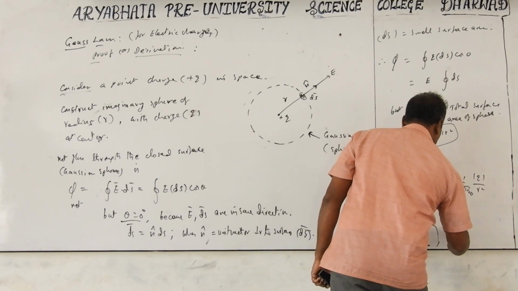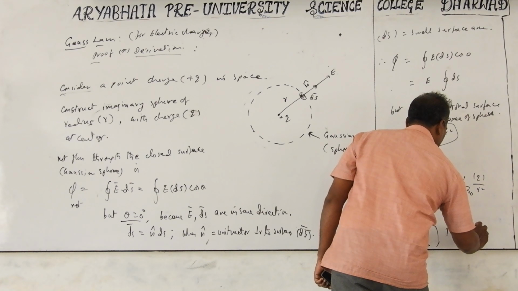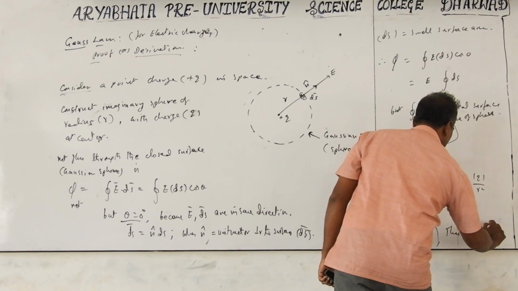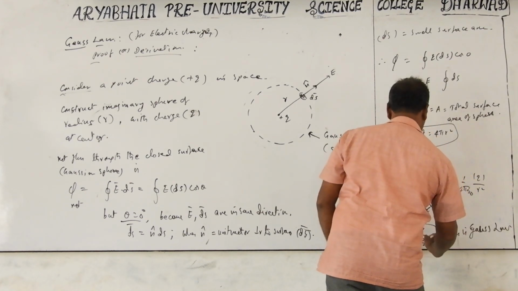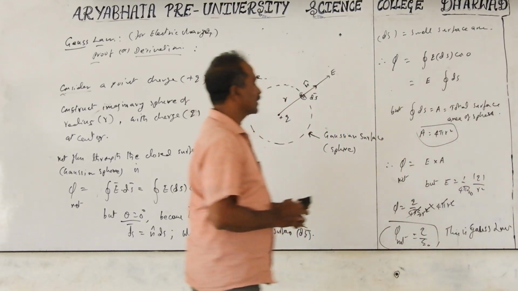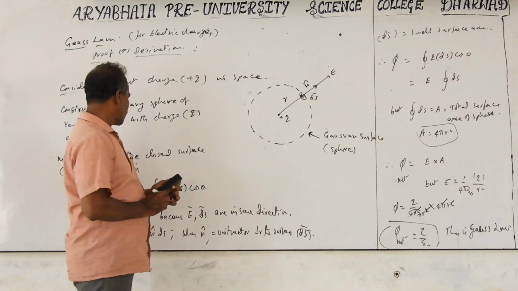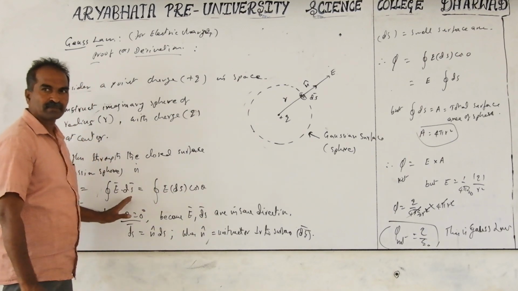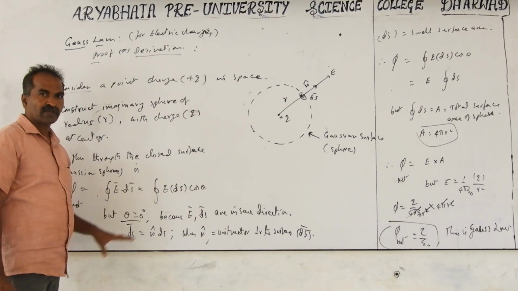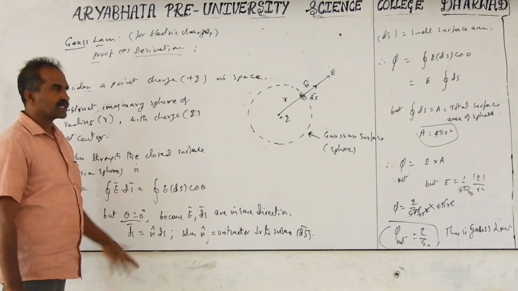This is the value you are getting. We just substituted the electric field formula, as we already know the relationship between flux and electric field. So from the electric flux definition we are getting the expression for Gauss law. So Gauss law is not separate, right?